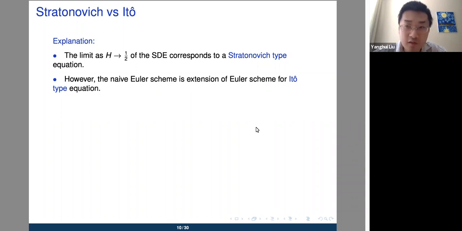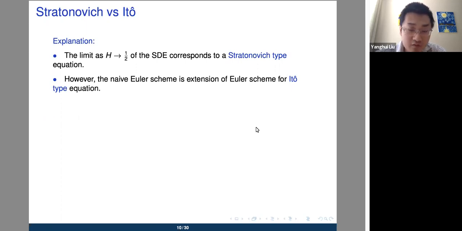And we know that to transform an Ito type equation to a Stratonovich type equation, there will be a correction term. So from these two points, we can see that when h gets closer and closer to 1/2, we will have a much worse convergence for the Euler scheme. Okay, so this is our explanation why this happens.